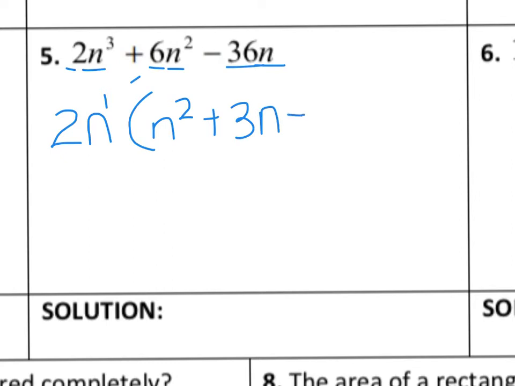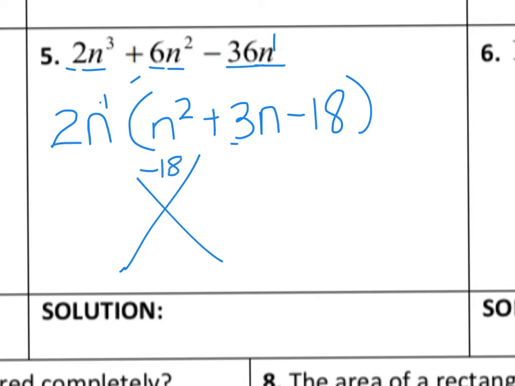And then I'm going to say 2 will go into negative 36, 18 times. And the n's cancel out because I have 1 here and 1 here, and 1 minus 1 makes it go away. All right, so don't stop there because you will not get full credit because you need to have this completely, fully factored out. So let's use the little x and put our negative 18 here.